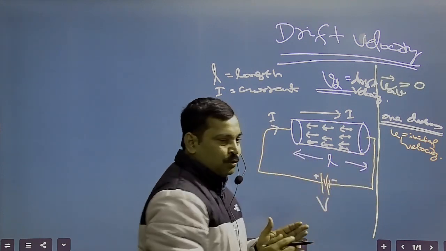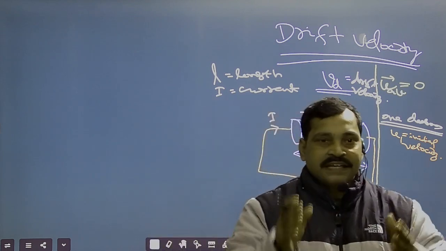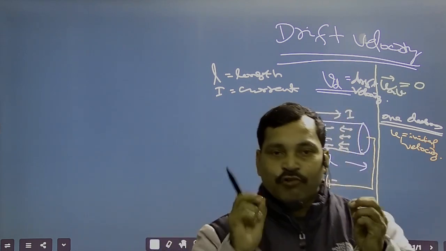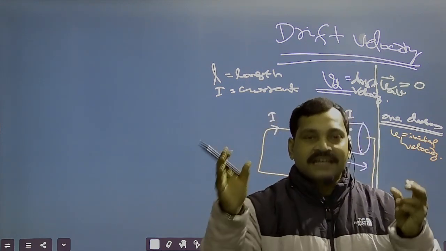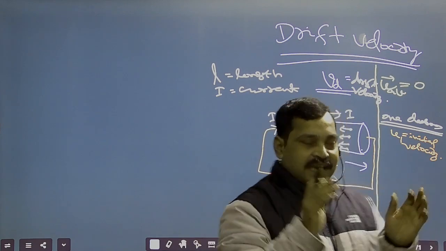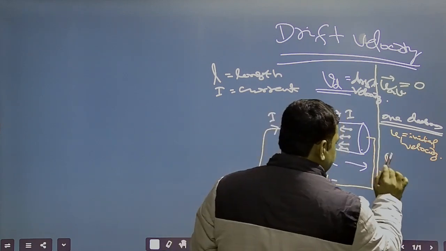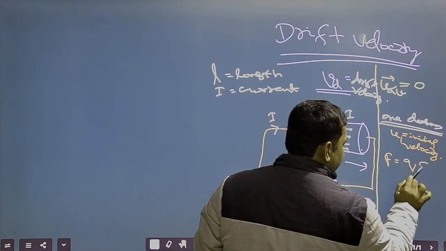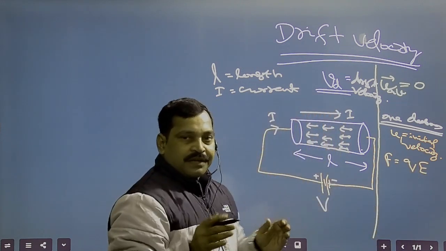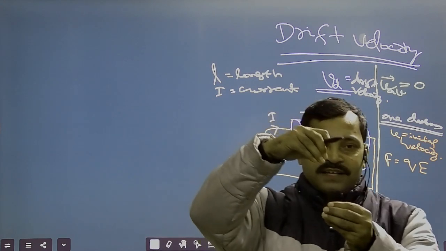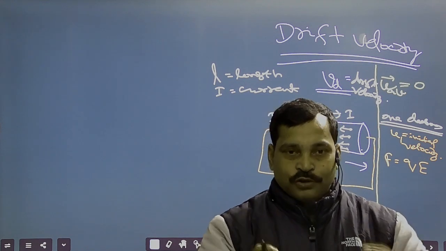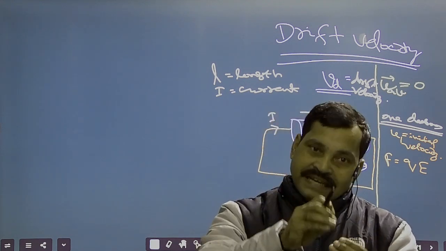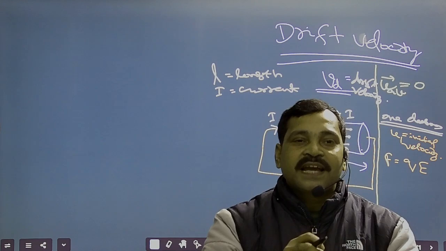You know, a charged body in an electric field experiences a force. The relationship between force and electric field intensity is F equals Q into E. This force is applied on a charged body, which here is the free electron, so the electron will be accelerated.